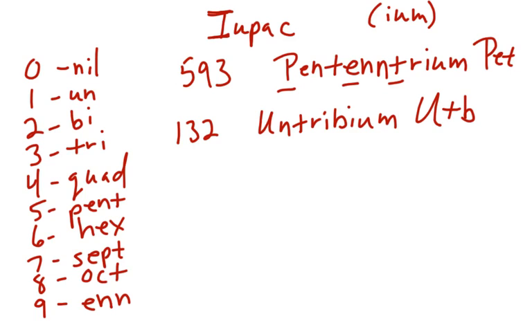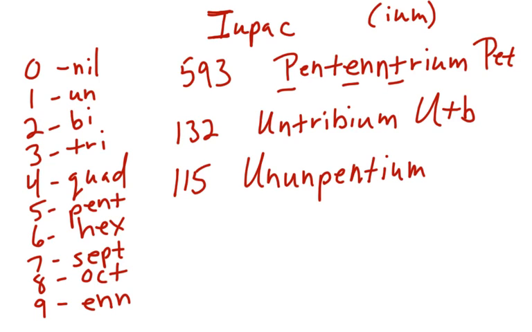You'll see one of the newly discovered elements is 115, and that is called un, un, pent, ium, ununpentium. So it'd be UUP on the periodic table. So these are how we do the IUPAC symbols and names.